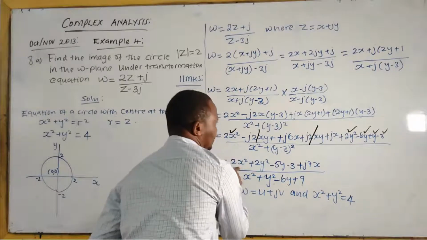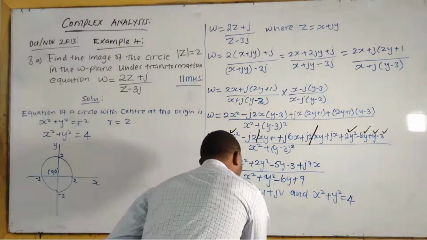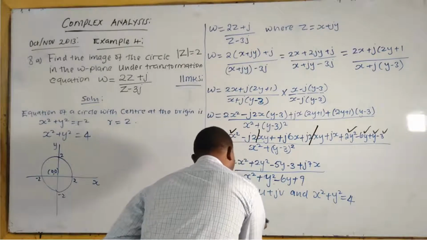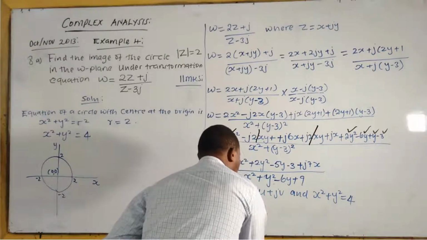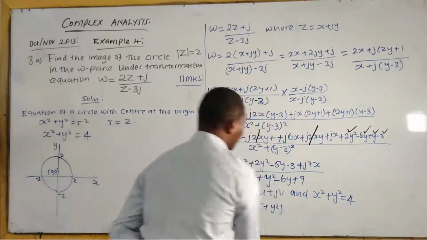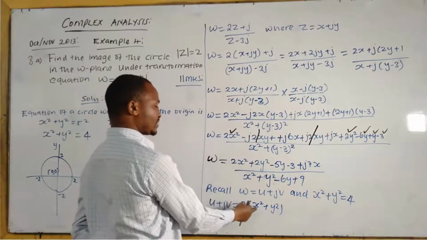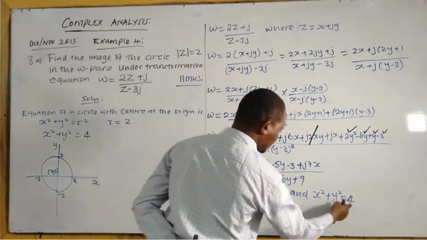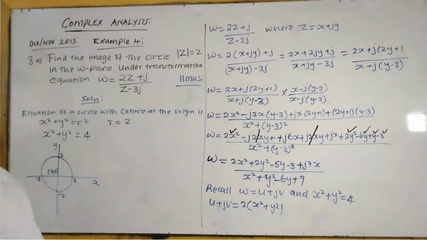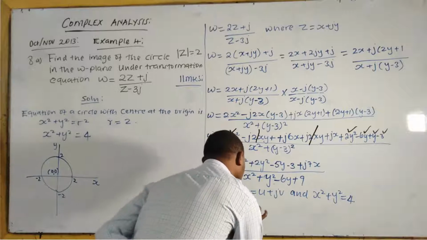Let me factor out here 2 times x squared plus y squared up to this point. But we know x squared plus y squared is equal to what? 4. So here you multiply with 4.